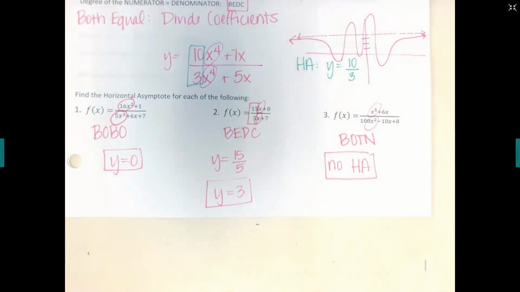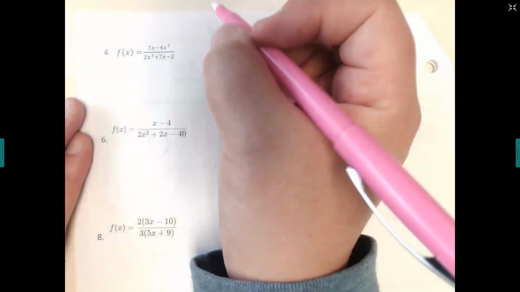Couple more examples left. Take a look at number 4. BOBO, BOTN, or BEDC? Okay, this one was kind of a trick. It is a BEDC, because remember, you're not picking the front thing, you're picking the biggest power on top. What's the biggest power on top? Negative 4x3.